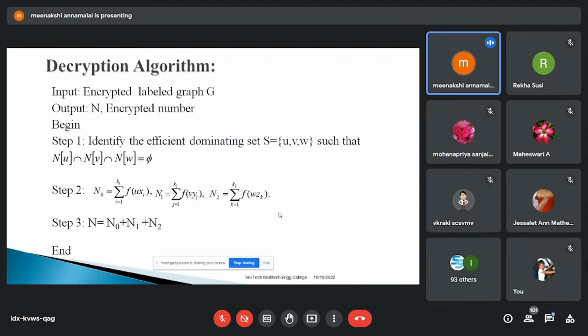If I add all the values I assigned on the edges, U x1 plus U x2, U x3 and so on, I will get the N0 value. And then N1 is summation j equals 1 to K2 of f of V yj. Like that, N2 is summation k equals 1 to K3 of f of W zk. Now last, how to find the secret number? If you add N0, N1, N2 you will get N.